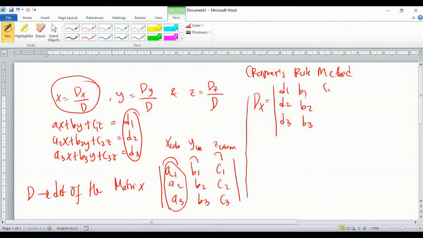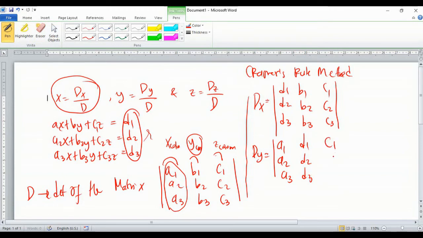How about dy? Dy has the same meaning. You need to replace the y column with the answer column value. So this one is equal to a1, a2, a3, sorry, not b, but d: d1, d2, d3, and then the c column is still the same, c1, c2, c3.